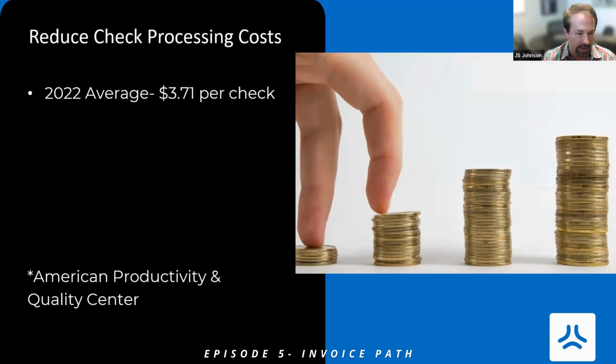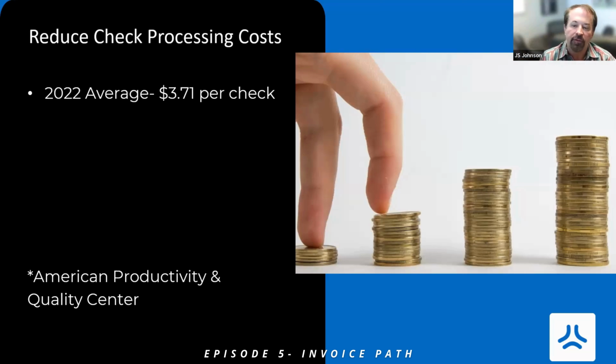And when you say, hey, my own personal experience is a lot higher than this, they're going to nod their head. They're going to go, yeah, there's no way we can process a check for $3.71. But this helps your case, because you're being very conservative, and at the end of the day, we're looking to cost justify our solution and we're looking for a return on the investment.